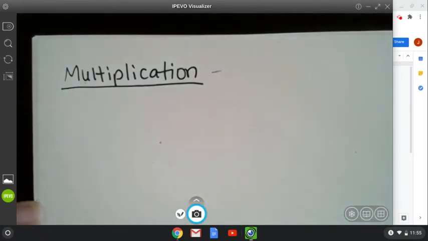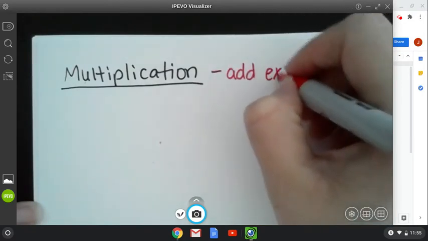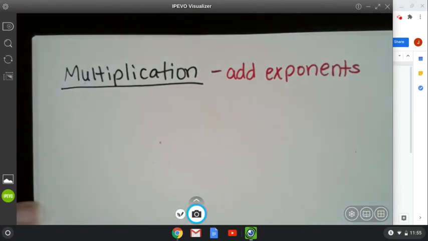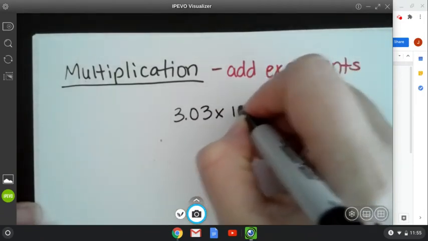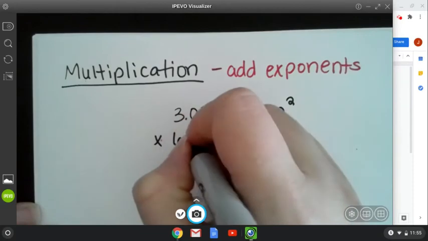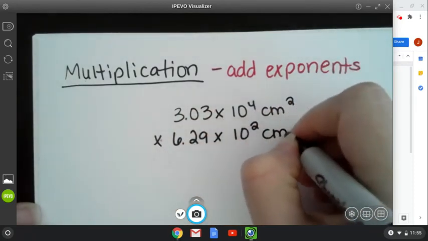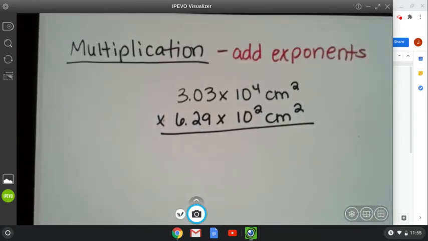So again, our rule, we're going to add our exponents when we do multiplication. So we're going to multiply 3.03 times 10 to the 4th centimeters times 6.29 times 10 to the 2nd centimeters squared. Sorry, I didn't say squared before.